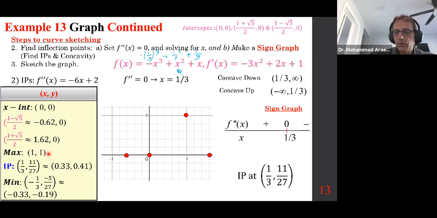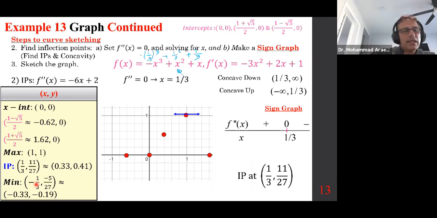And we put an arrow there to make sure we understand we don't go beyond that. IP, or the inflection point, at 1/3, 11/27. We change that to a decimal for the sake of locating it, okay? So 0.33, 0.41. That's IP, an inflection point.